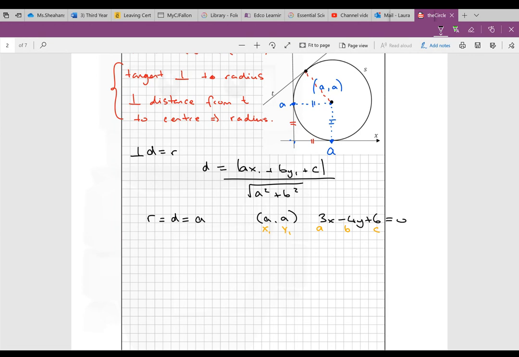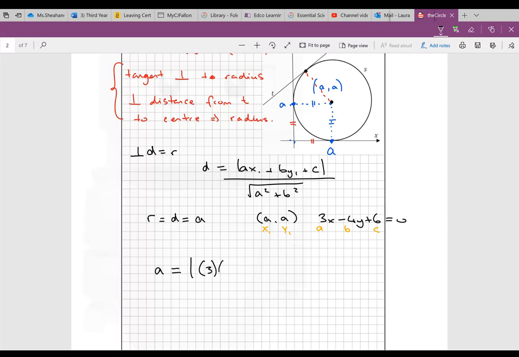So A, which is the perpendicular distance, or the radius from the tangent to the center, is equal to 3 times x1, which is A. Now remember, you're only taking the 3, not the x. Some of you were taking the x. Only take the coefficient.